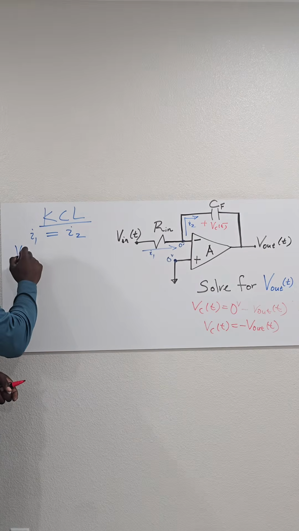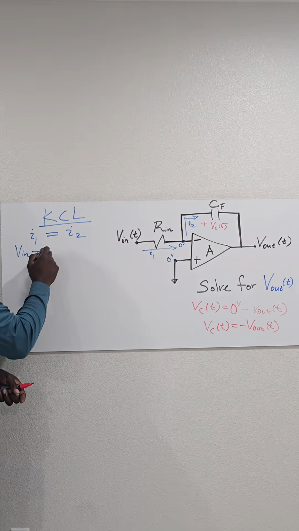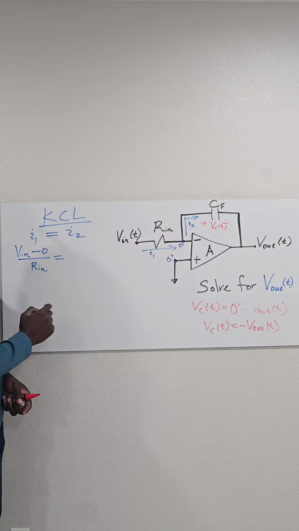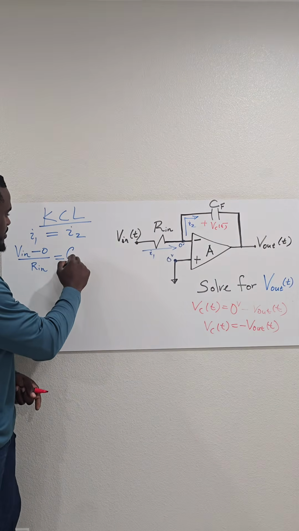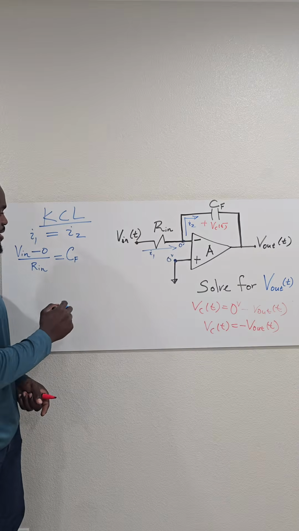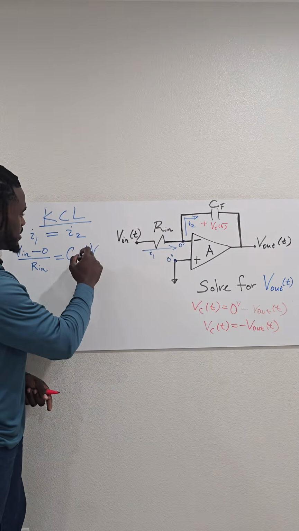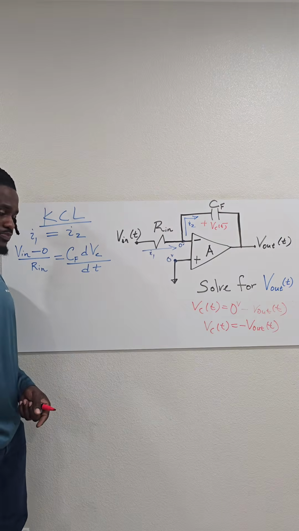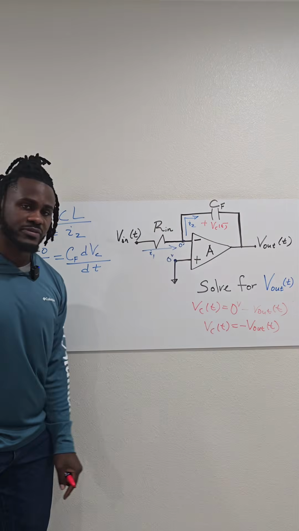I1 is going to be V in, I'm going to omit the T. V in minus 0 over Rn has to equate to the current across the capacitor, which is going to be that feedback capacitance, CF, and the change in the voltage across the capacitor, so Vc over the change in time. All right, but we know then that Vc is simply minus V out of t.